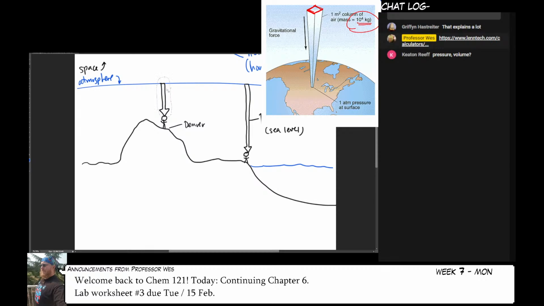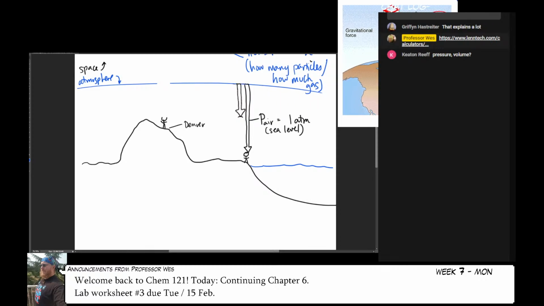I'm going to take this, and you can see that, wow, that's way shorter, right? That's a lot less air pushing down on you, and I just realized that you can't see this. We'll just shove it behind the chat. So, we'll just undo that. The pressure at that elevation must be less. And it totally is.